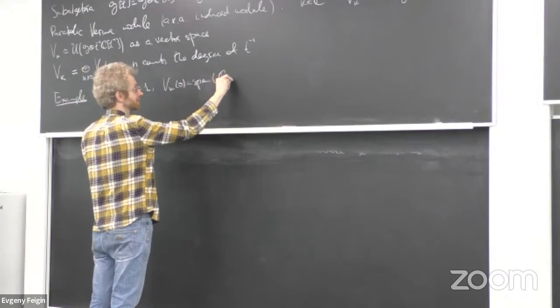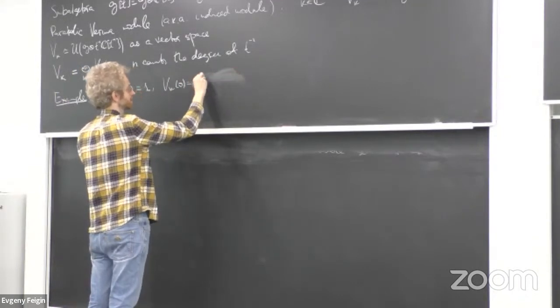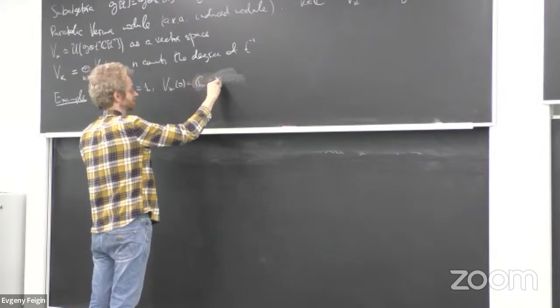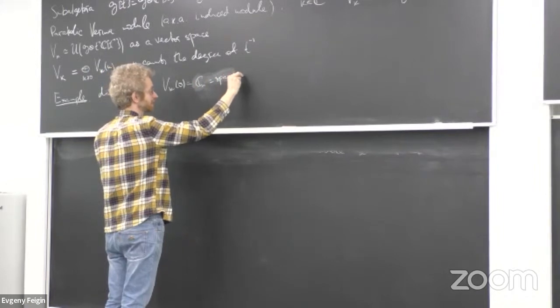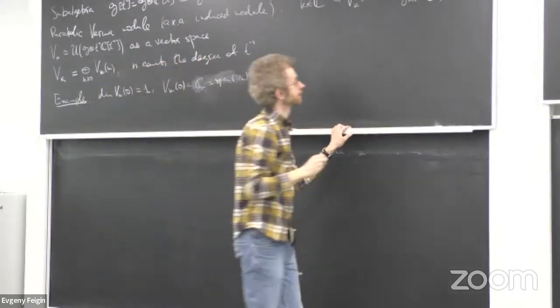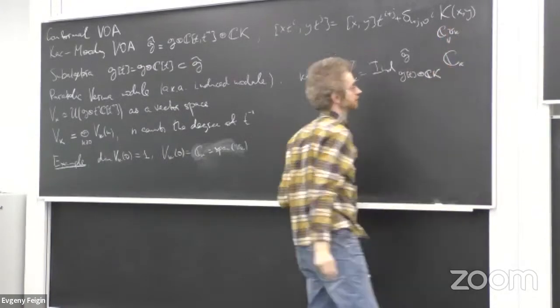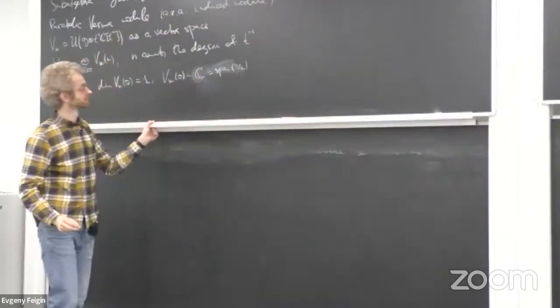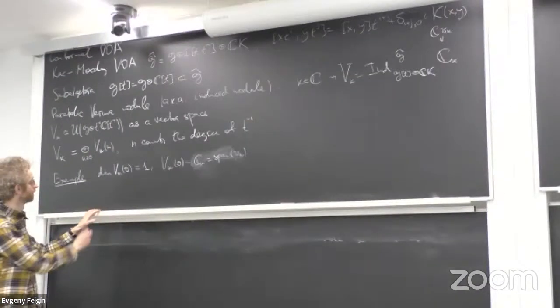Yes, because Vk(0) is just the span of the vector Ck itself. So it's the span of, say, vk, where let me say that this Ck is C times vk. Does this make sense?